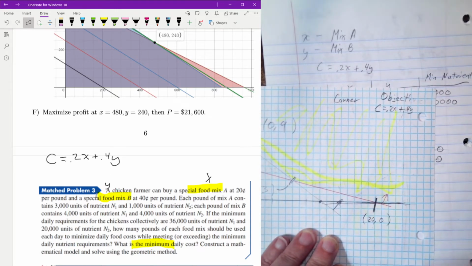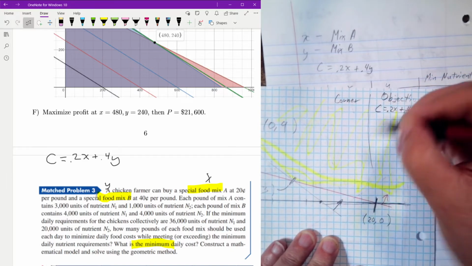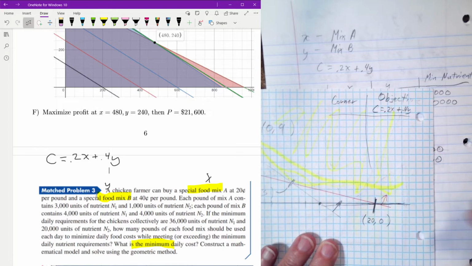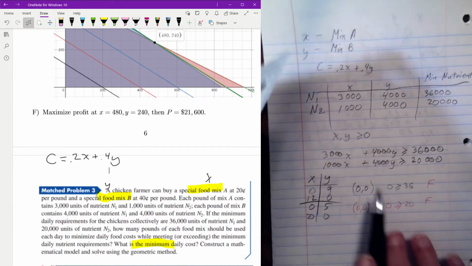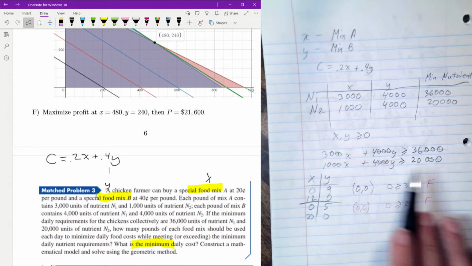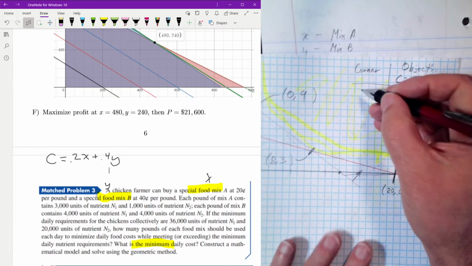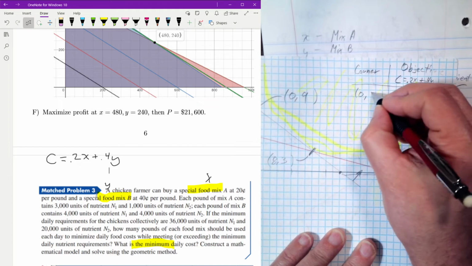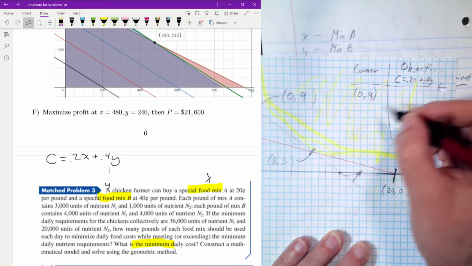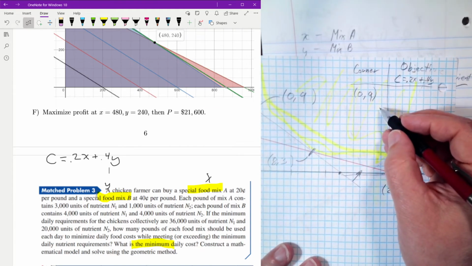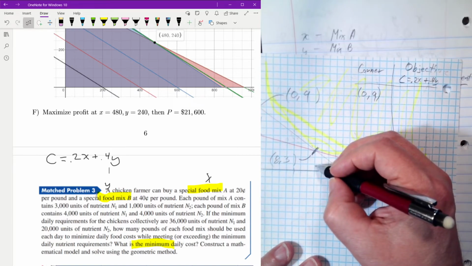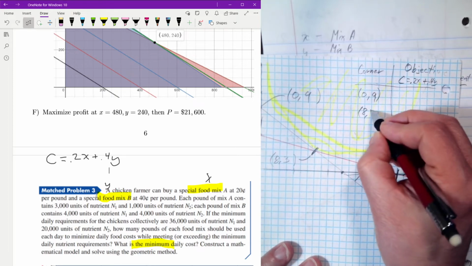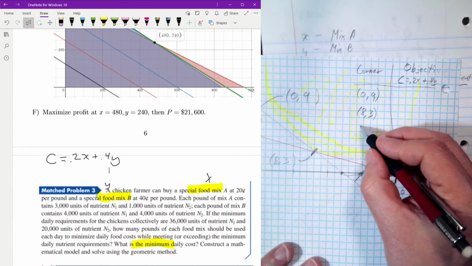Now remember, when we're calculating from our corner points, we're going to have to multiply by 1,000 because that's what we did here. So it's just something to recall. So we have a corner point of 0, 9, a corner point of 8, 3, and a corner point of 20, 0.